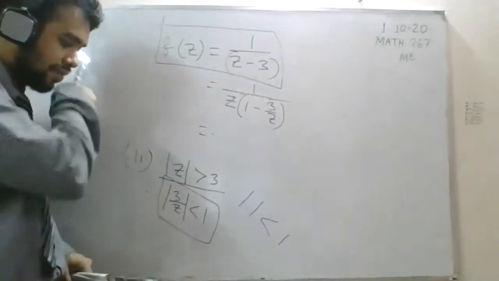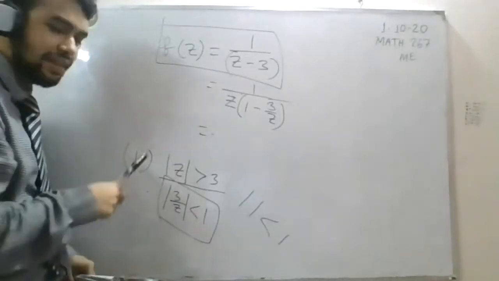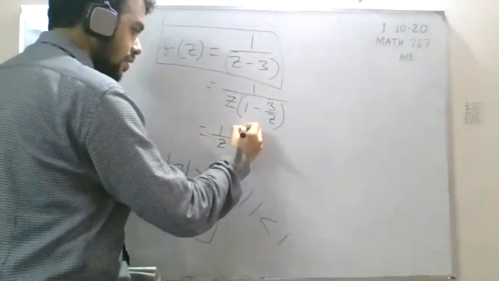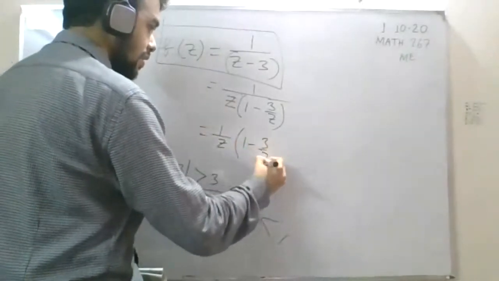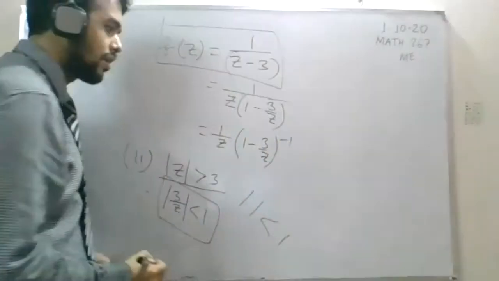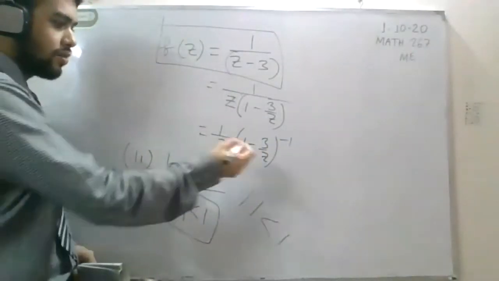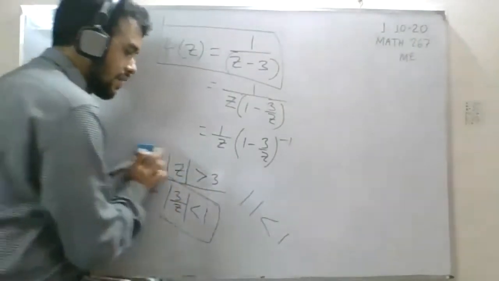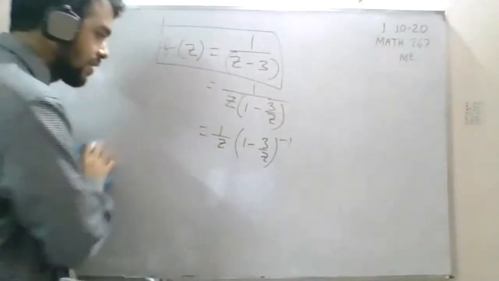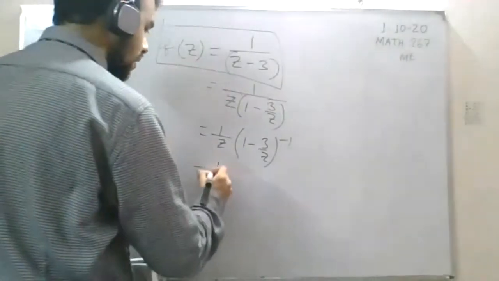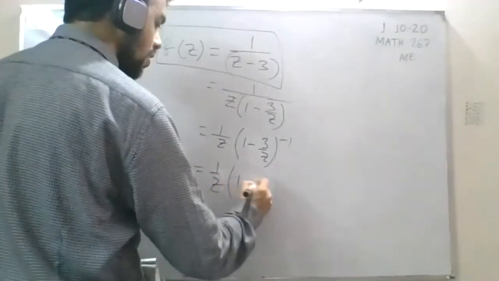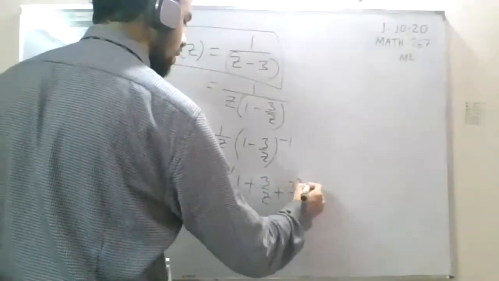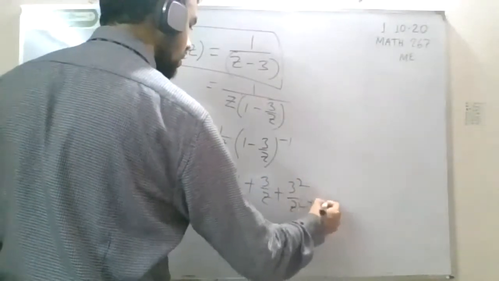This modulus of 3 by z less than 1, and after that just write it down here, which is (1 - 3/z) to the power of -1, and you can expand it in your binomial expansion and get your required result, the Laurent series, which is 1 by z into 1 plus 3 by z plus 9 by z square.